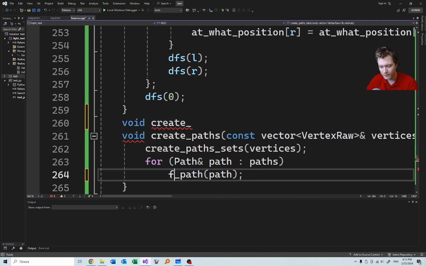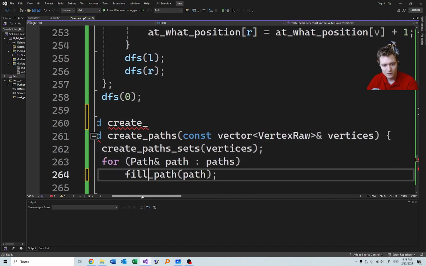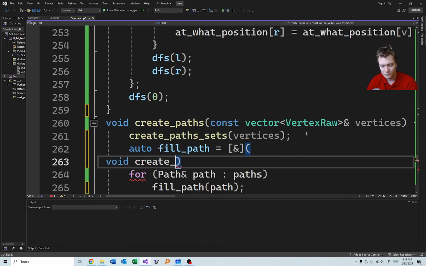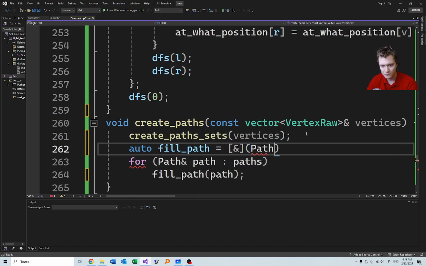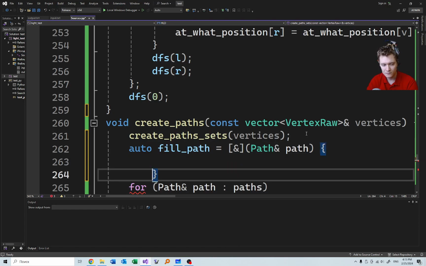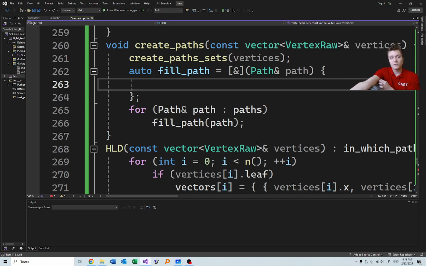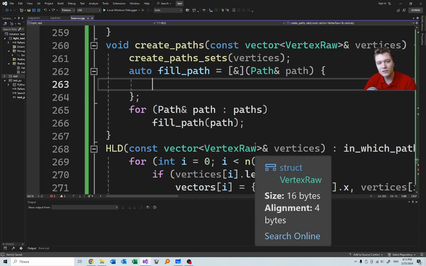Let's call it fill path. And I can make it a lambda. So let's fill the path. To fill the path, for each vertex except the lower one, except the leaf, we need to create the matrix. Yes, so let's do it.